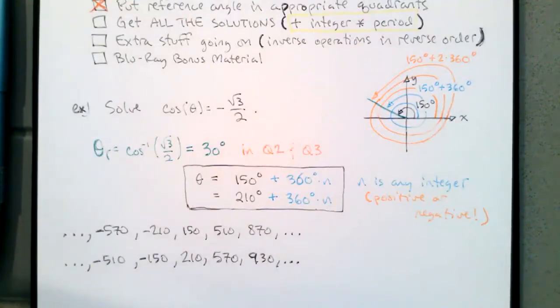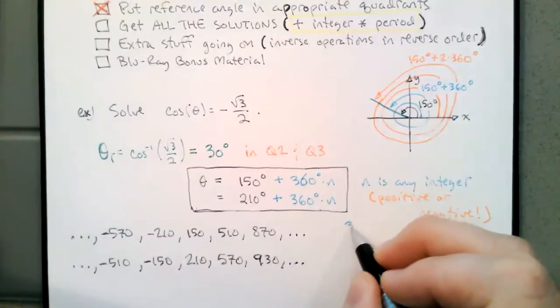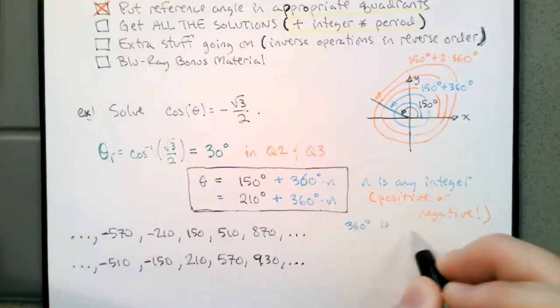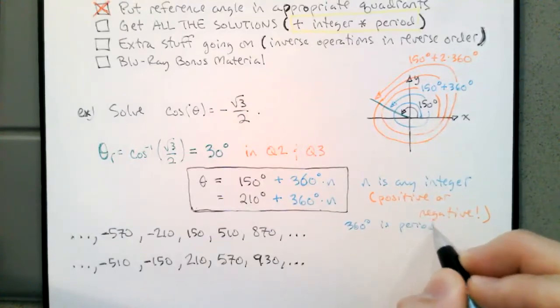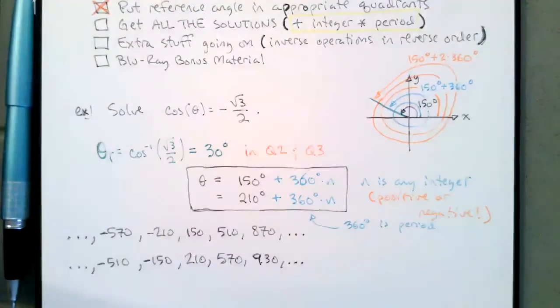N is not the period, 360 is the period, N is the integer. So 360 is the period, N is any integer.